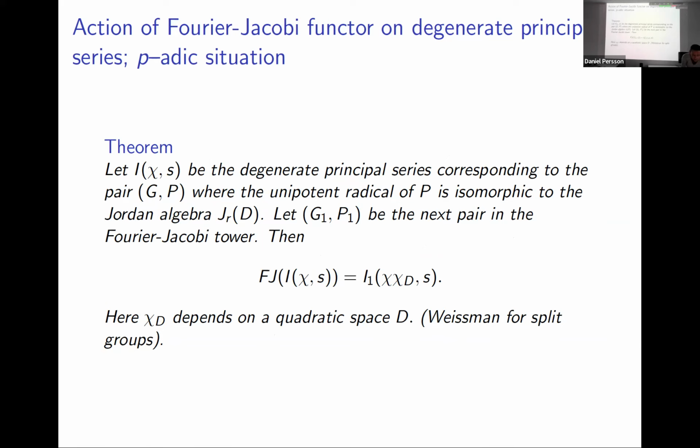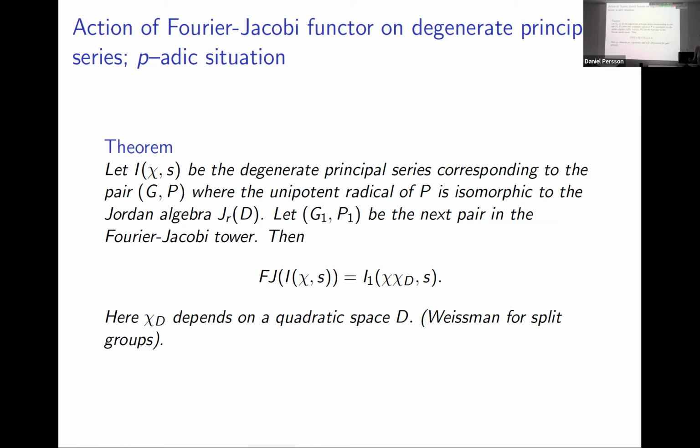Actually, I'm not sure about the Fourier-Jacobi functor, but I know Sahi completely described these degenerate principal series, how they look in terms of K-types in these situations. Did he use the Fourier-Jacobi functor?